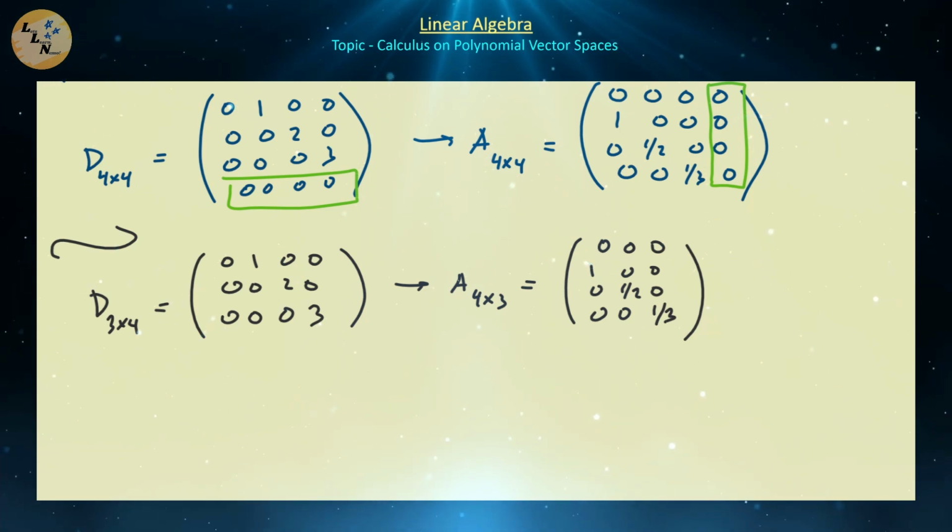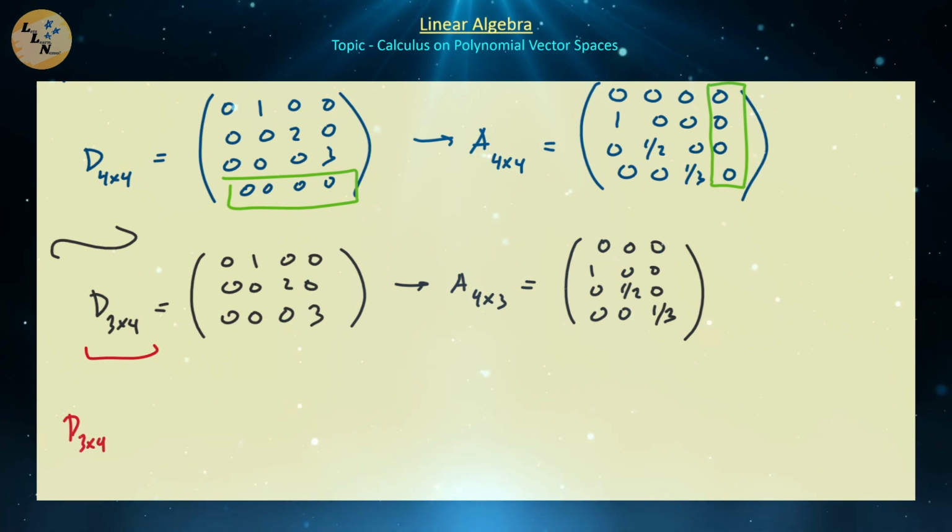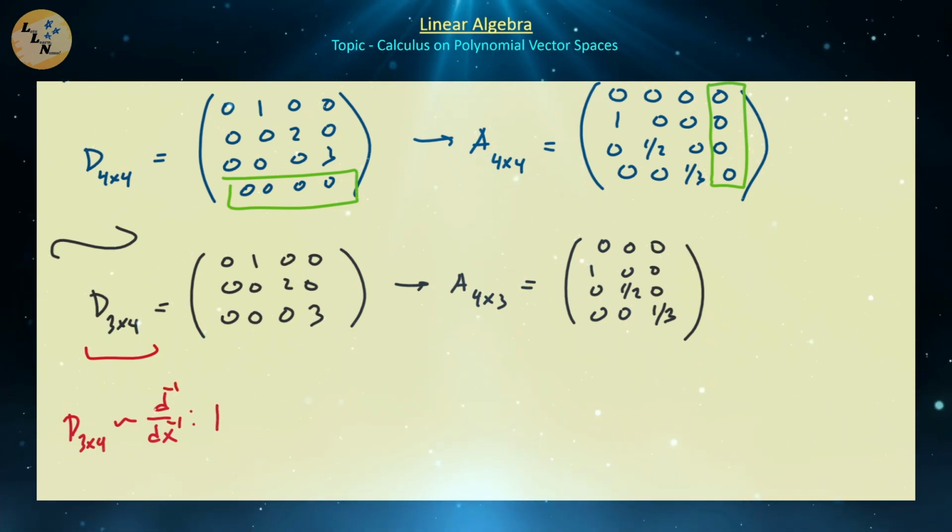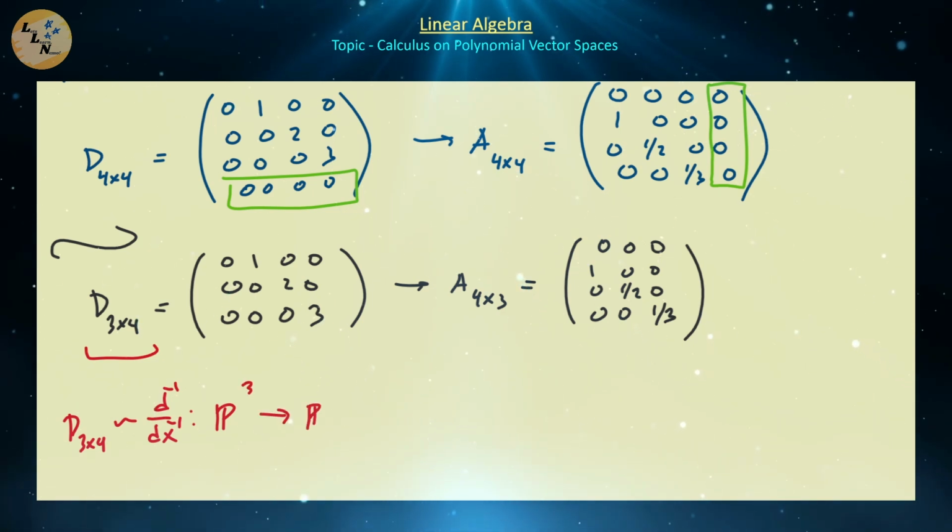Right? So this operator, D3x4, would be similar to the derivative operator that would send, for example, P3 to P2.